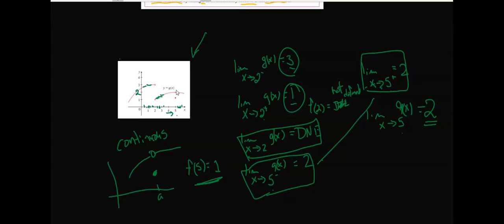So the limit is up here at 2, but the actual height of the function here at 5 is not 2, it's 1. So that's how we identify the fact that it's not continuous. Of course, just looking at it, it doesn't look continuous, but we want to write a kind of mathematical definition of what we mean by continuous. So we're going to use this kind of approach. But anyway, we'll do that later. Just wanted to bring that up right now.